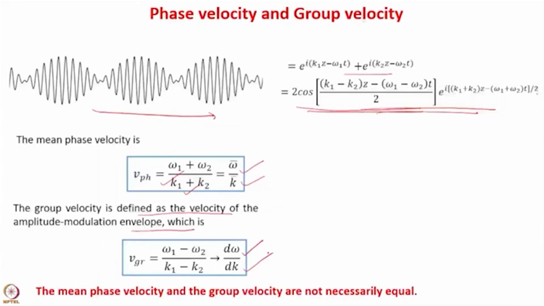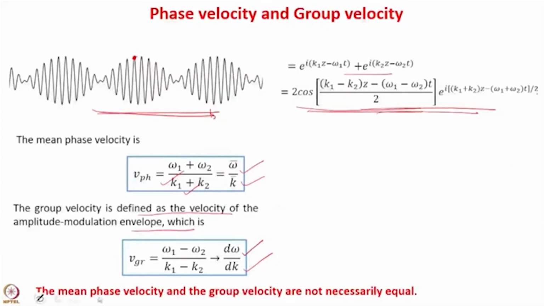So the group velocity represents the velocity of the whole wave packet or wave group, whereas the phase velocity represents the velocity of a phase. It is the apparent velocity with which the phase of any part of the wave appears to be moving along in the z direction.